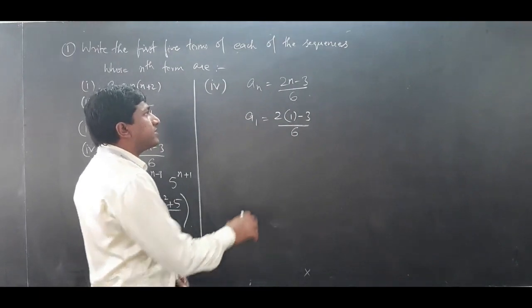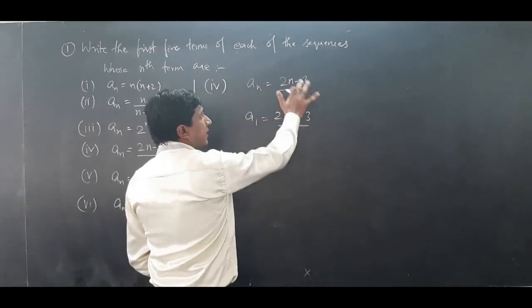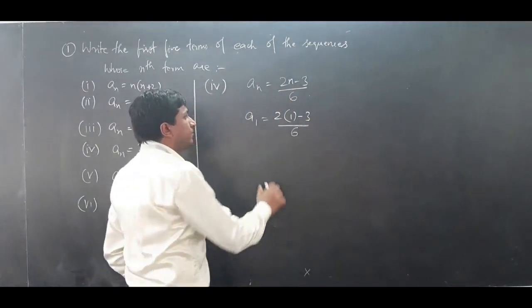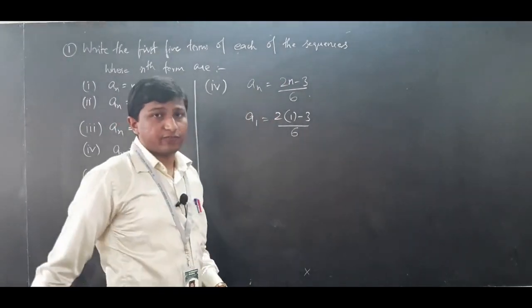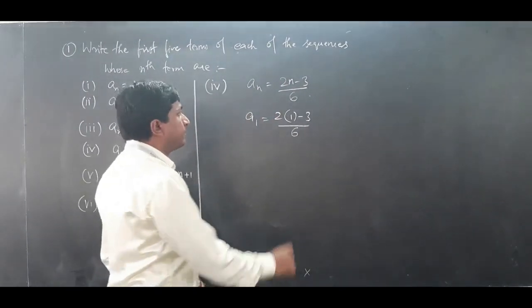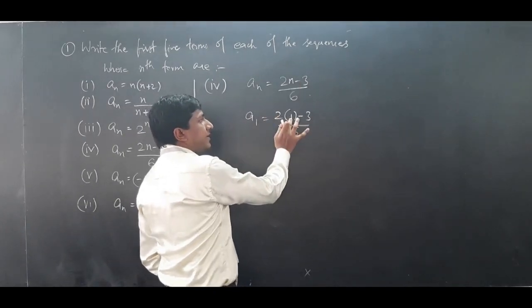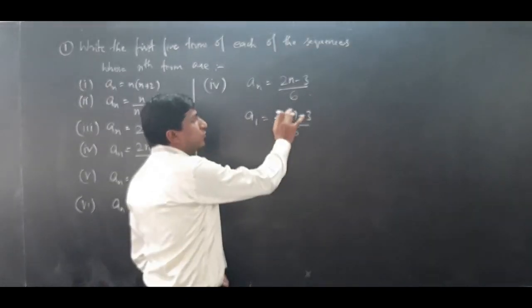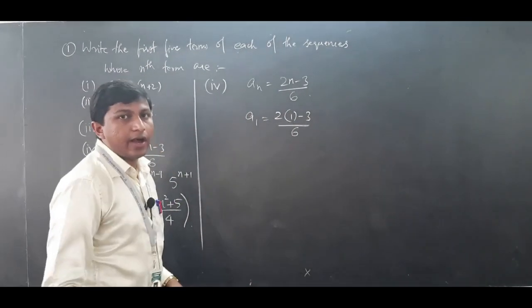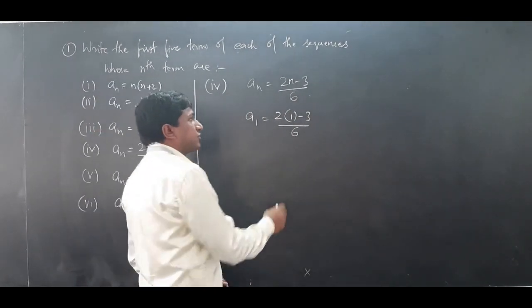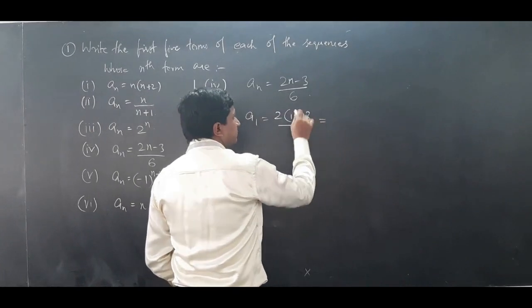Always remember, students, whenever you have the general term given to you, first you substitute for values of n. So, I have substituted for n as 1, 2 into 1 minus 3 by 6, and only then I perform the simplification. So, now we will simplify.